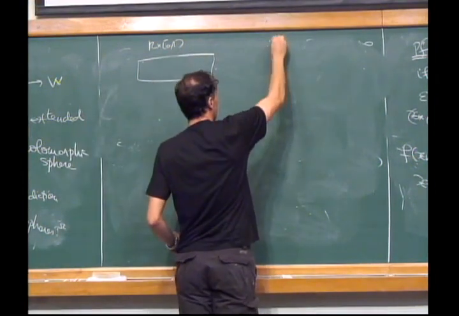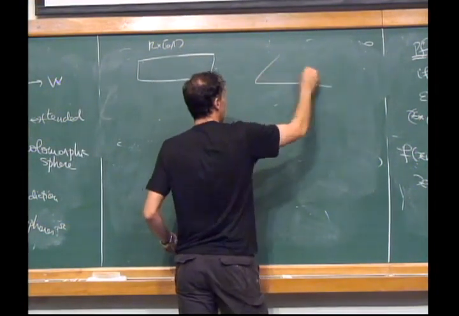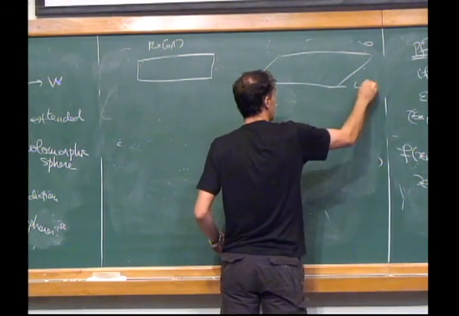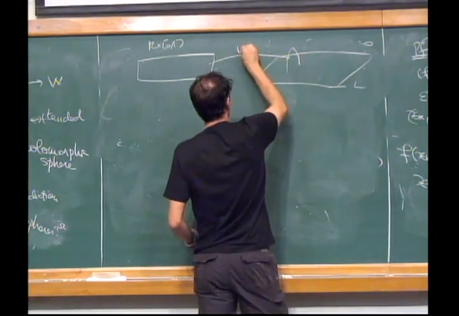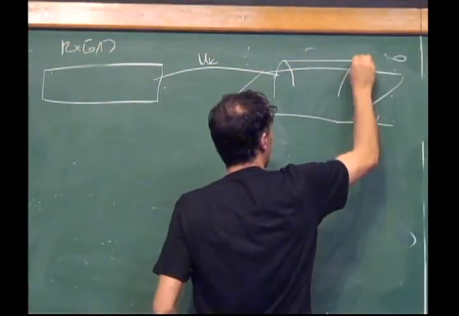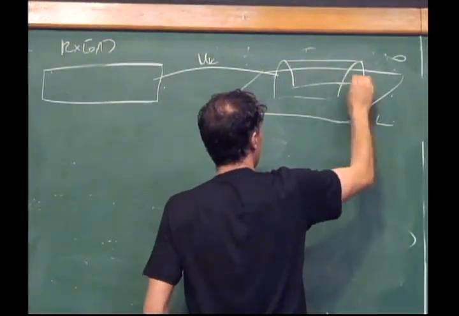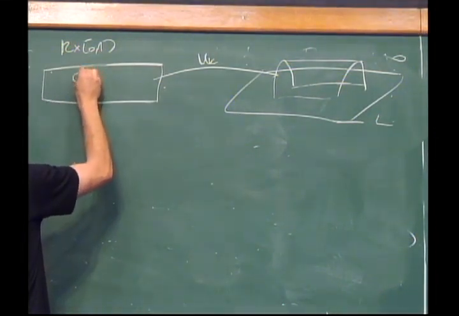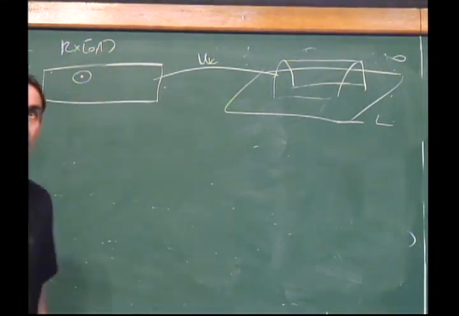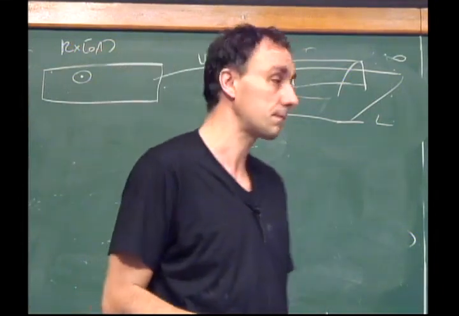And here is our manifold W, in which we had this Lagrangian L, and the UK are Floer strips like this one. And here we had this small ball where the gradient goes to infinity.